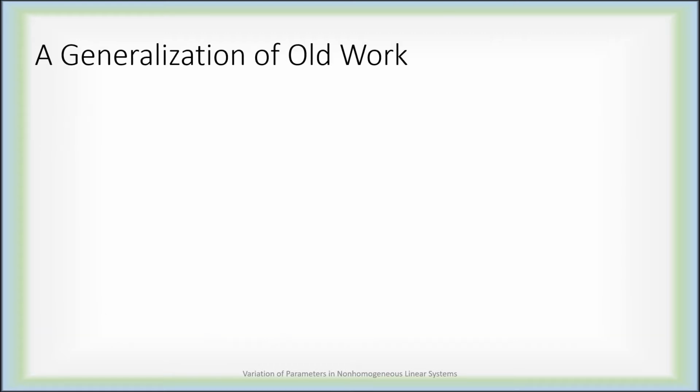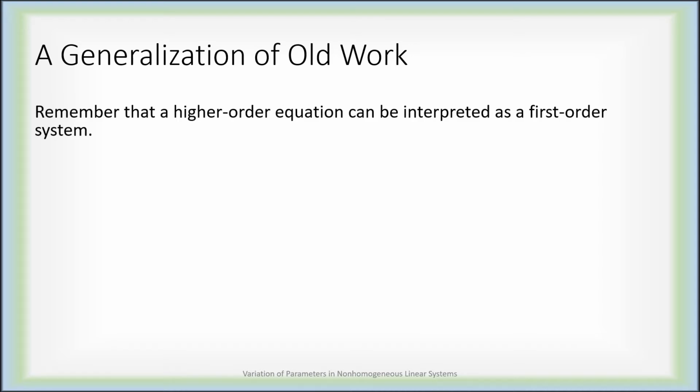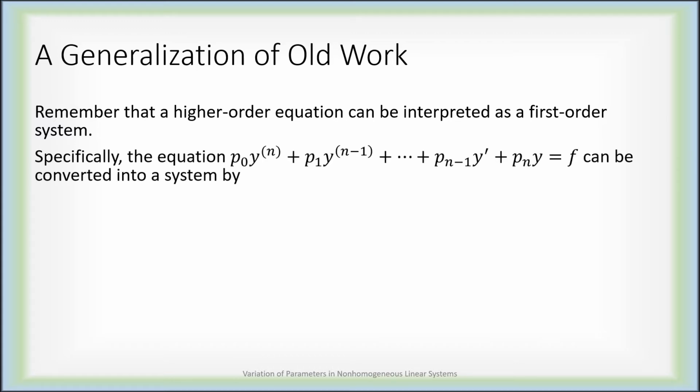And this is really a generalization of variation of parameters from the past. So think back to how we used variation of parameters to solve higher order non-homogeneous equations. Well, we can interpret a higher order equation as a first order linear system. Specifically, suppose we have here our higher order non-homogeneous differential equation.